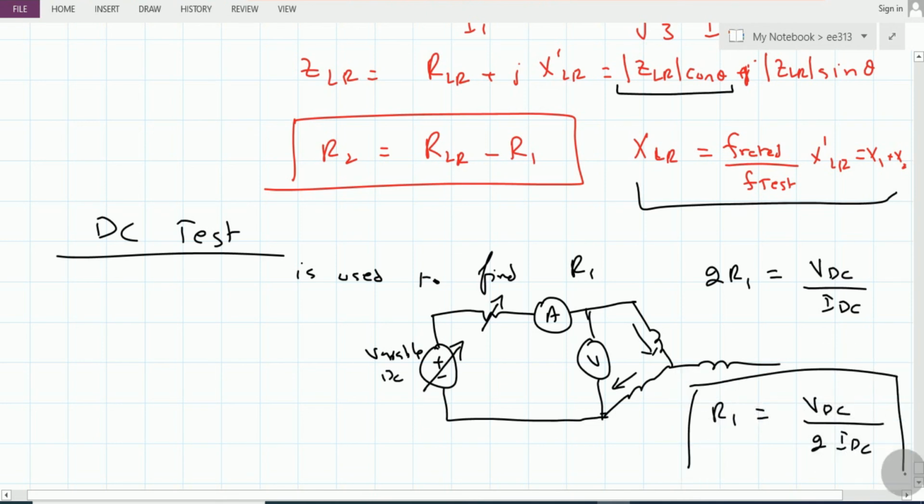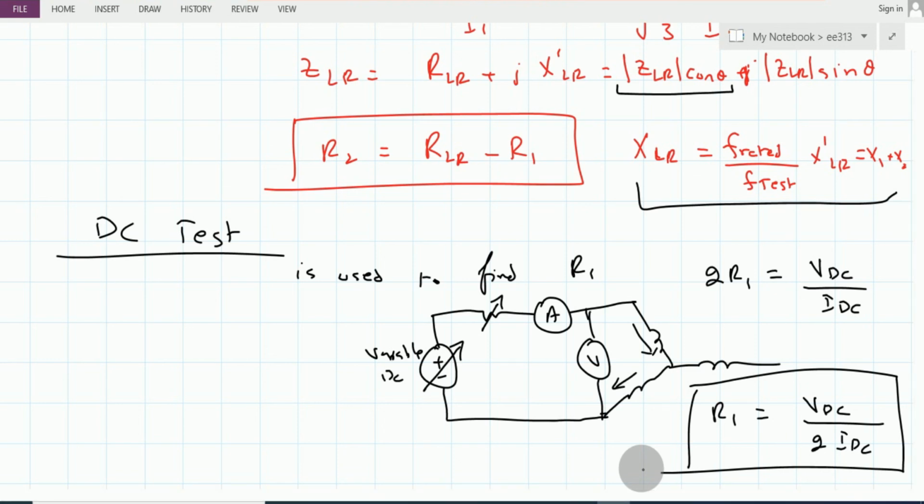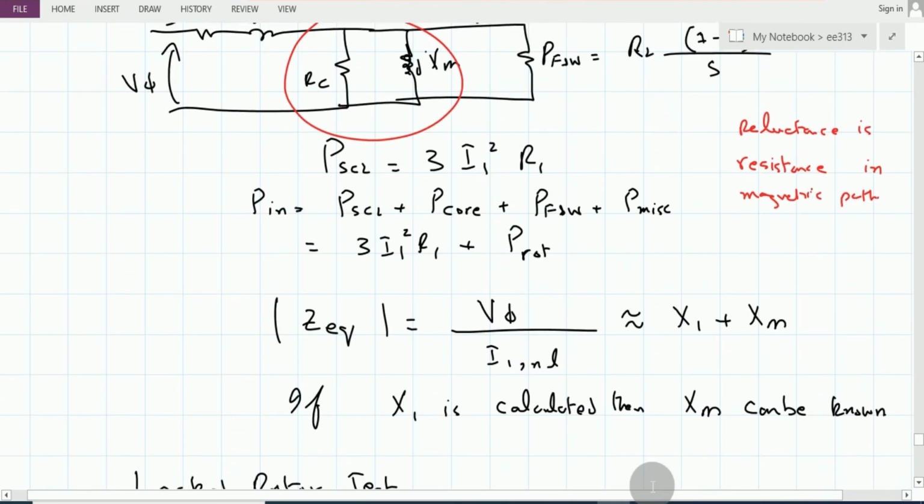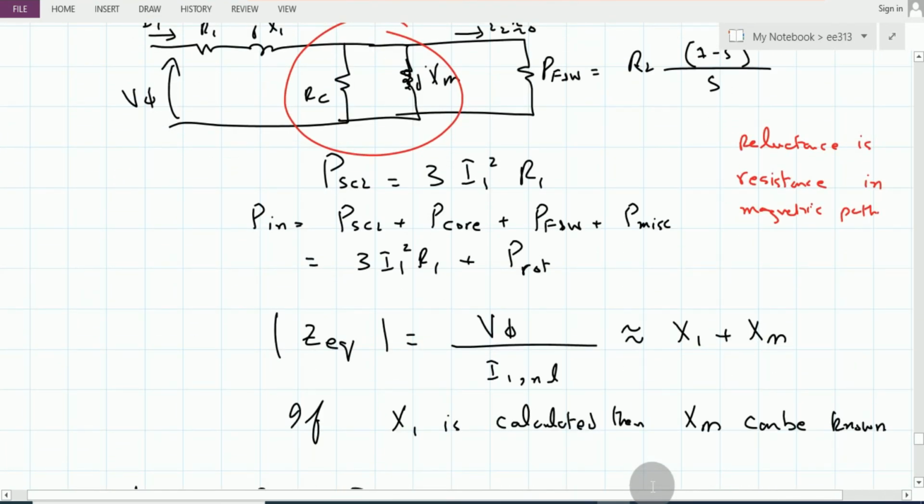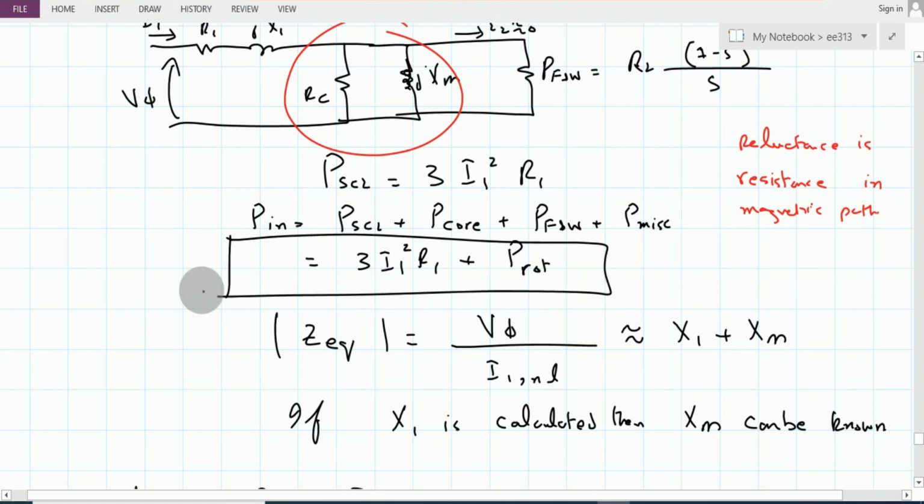So this test provides us a way to find out the stator copper losses at no load. It also provides a way to determine the rotational losses, which can be calculated as the difference between the input power at no load and the stator copper losses.